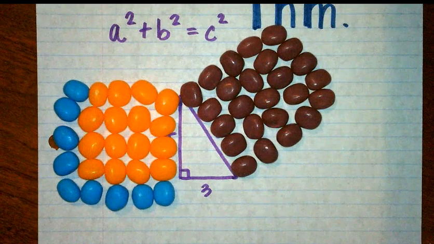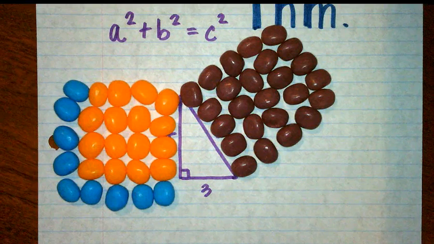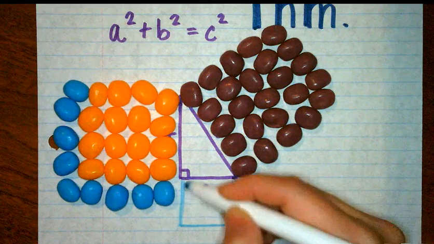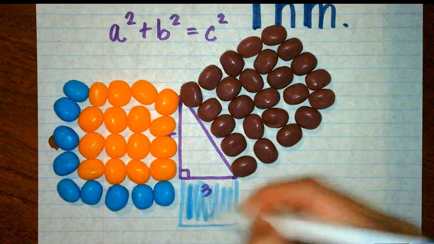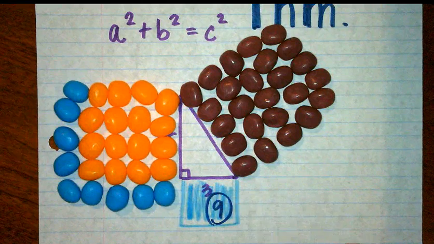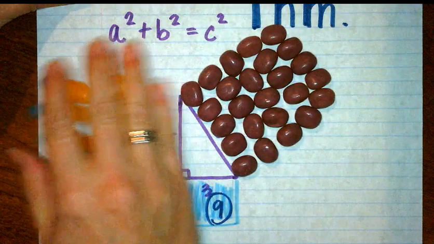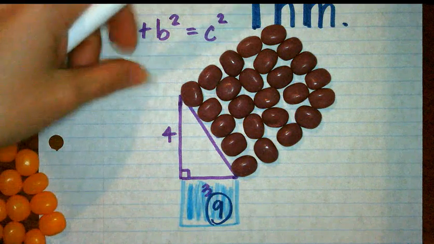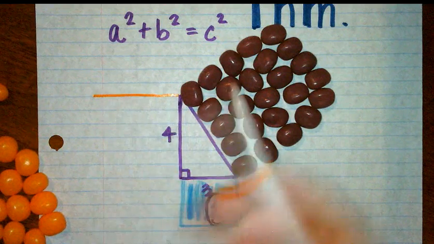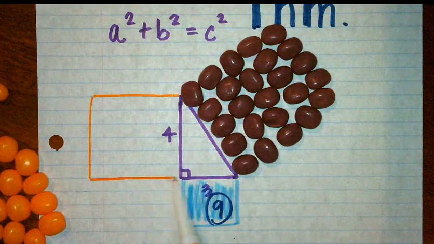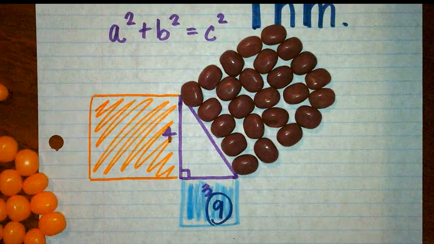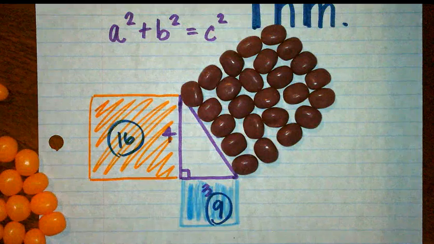If I literally draw a square over here, I use blue. I had a total of 9 jelly beans in this box, and I'm going to move the orange ones away. If I make a square out of this side, these were our orange jelly beans, and we had 16 over there.